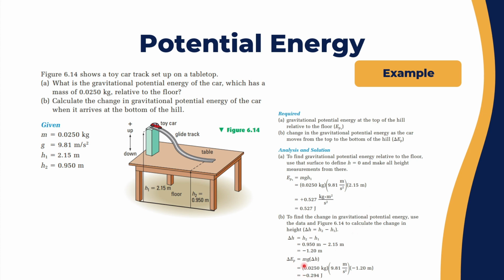Delta EP equals mg delta h, 0.025 kilograms, the mass of the toy car, times 9.81, which you know, times minus 1.2 meters. Again, check the units. That would be kilogram times meter squared over second squared, that's joules. So the delta EP would be minus 0.294 joules.